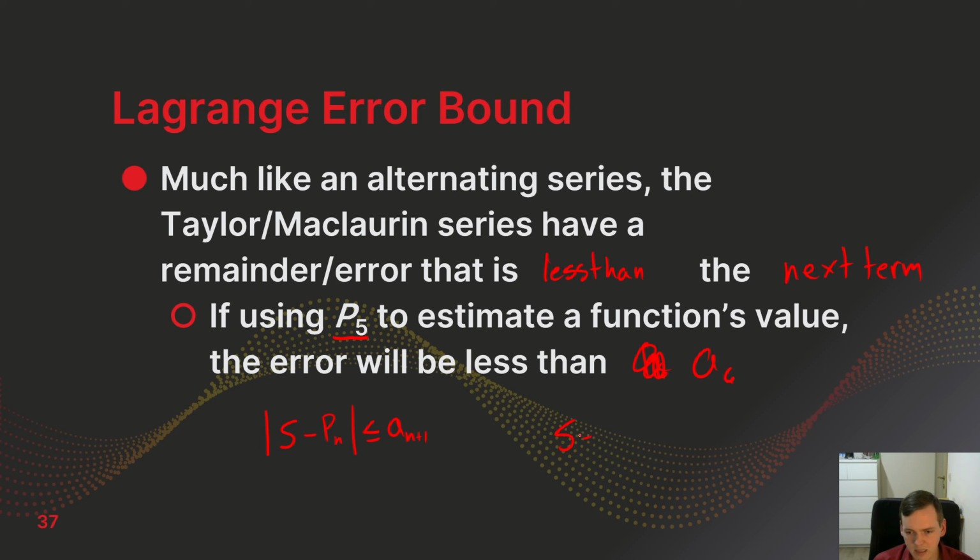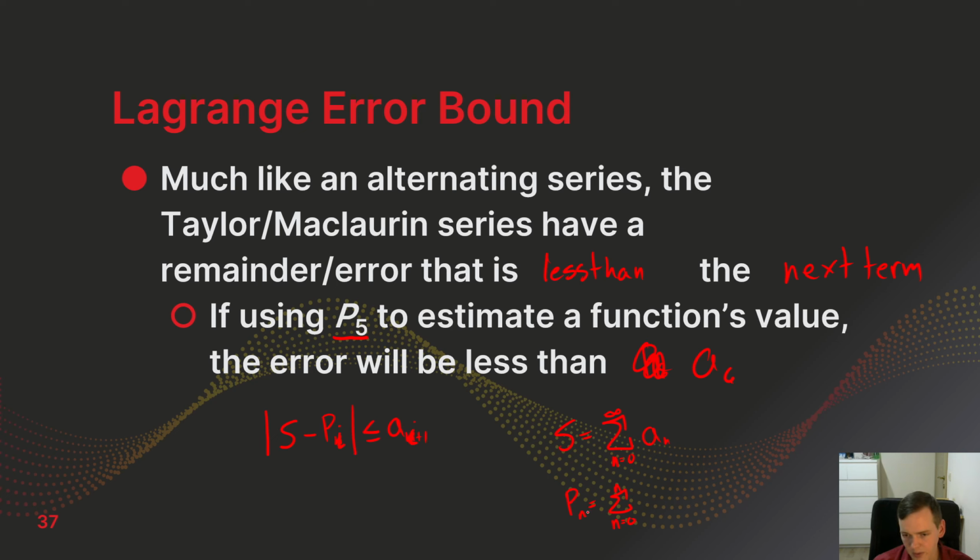This is if S equals the infinite sum from n equals 0 to infinity of A sub n, and if P sub n is equal to the sum of n equals 0 to, that's going to be confusing. Let's call this I. So I plus 1. So the series is just all the terms added together.